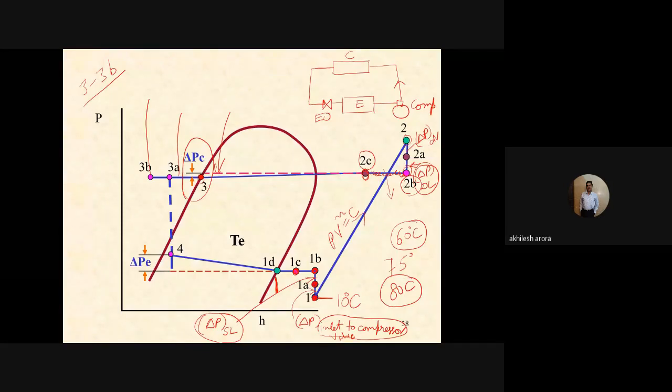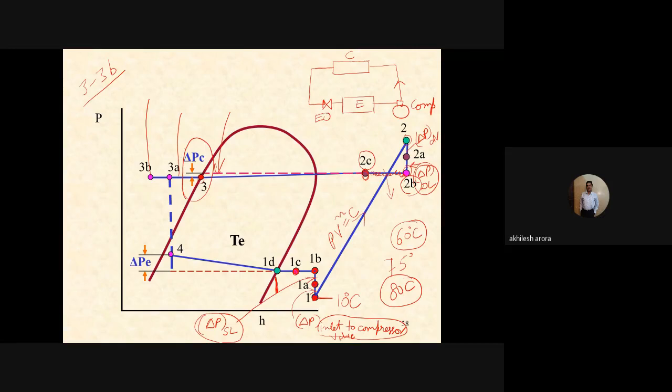So in this particular case, we are considering a water cooled condenser, or you can say an over designed condenser, where the temperature of the refrigerant at the exit from the condenser also goes below the saturated liquid temperature. So the temperature at 3B is below that of the saturation temperature at state point 3.